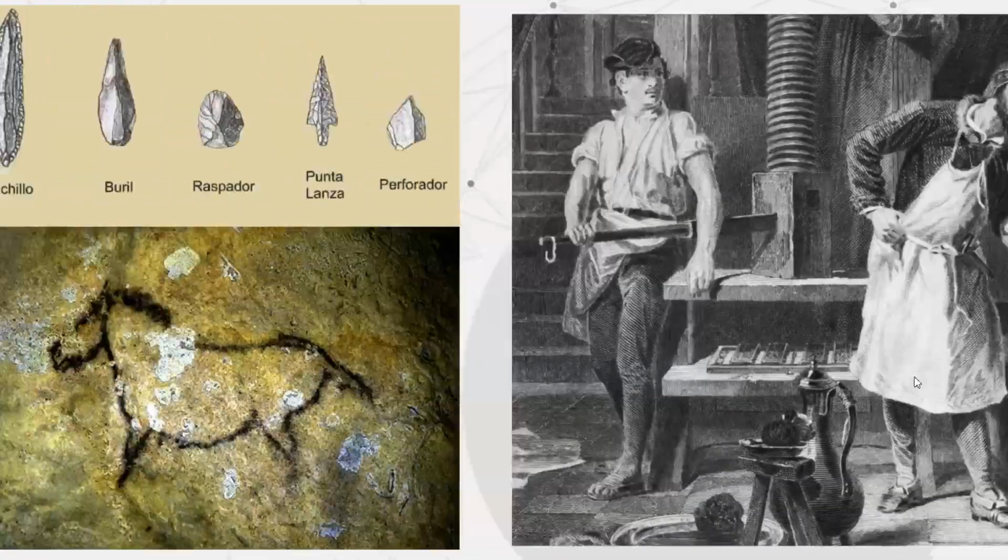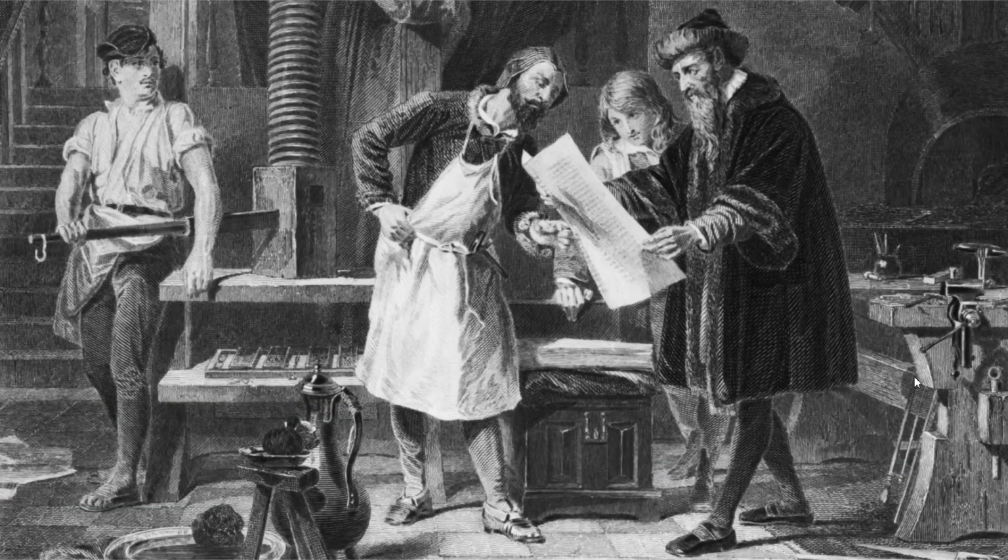Let's see, a lot of years later, with Johannes Gutenberg's invention of the printer, how this changed the whole world. Thanks to Gutenberg, people that didn't have access to books now had access to them. This was a revolution for the whole world because they managed to democratize access to knowledge.